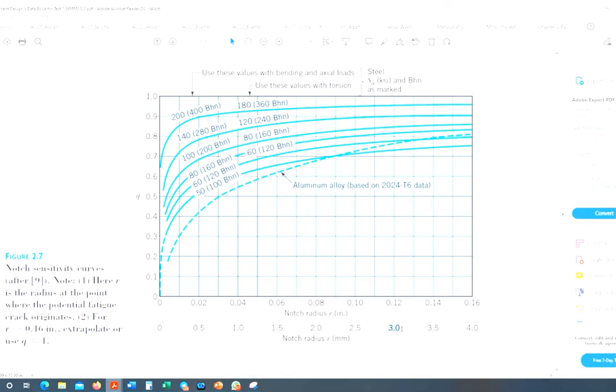So in KSI, it has the value of 66. Okay, 66. So you have 6 here, bending and axial. So you have to take this value here. Okay, this is 60.